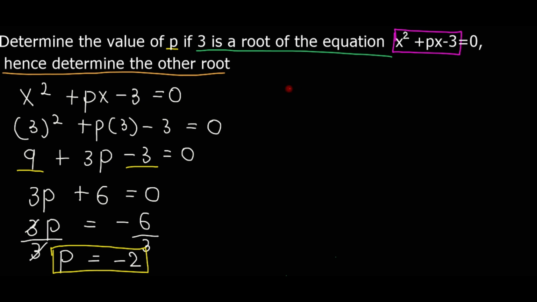So from there, because we have x squared, and then we found the value of p which is negative 2, we have negative 2x minus 3 equal to 0. Because the question wants the other root, of course we want the value of x. So from there we will factorize and then find the values of x.